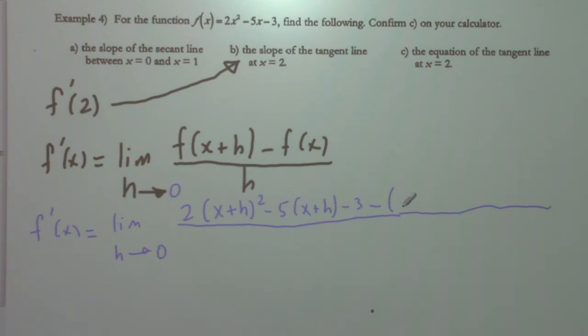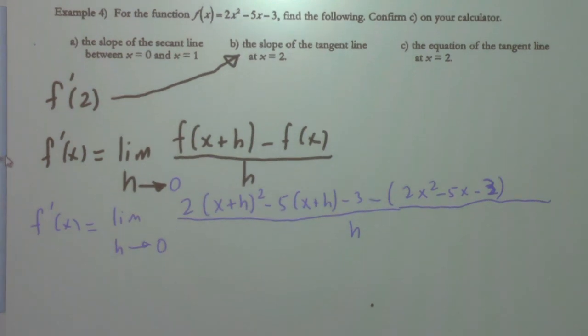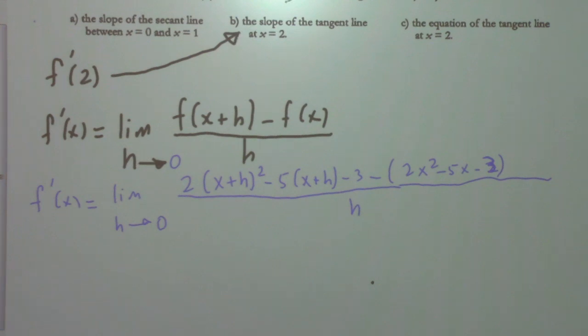So I'm going to put subtract 2x squared minus 5x minus 2, and that's all over h. Oh, it's 3, excuse me. That's 3, right? Does that look better now? Okay. So now we're going to expand this thing out here.